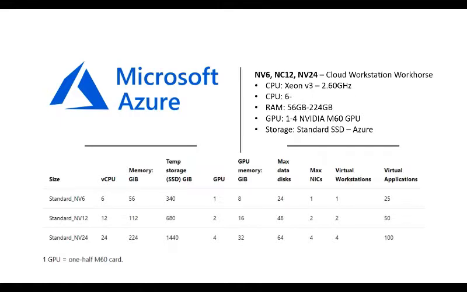Different machine types with the same ingredients. A Xeon V3 2.6 gigahertz with 6 up to 24 vCPUs, 56 up to multiple hundreds of gigabytes of RAM, 1 NVIDIA M60 GPU or 4 NVIDIA M60 GPUs, and you pay per time unit for these machines.